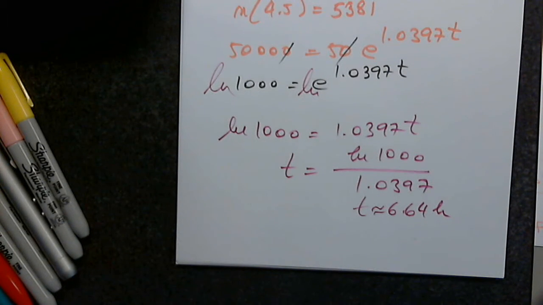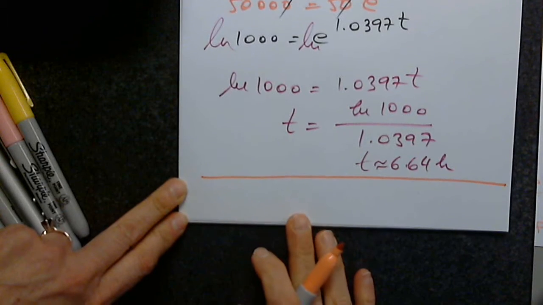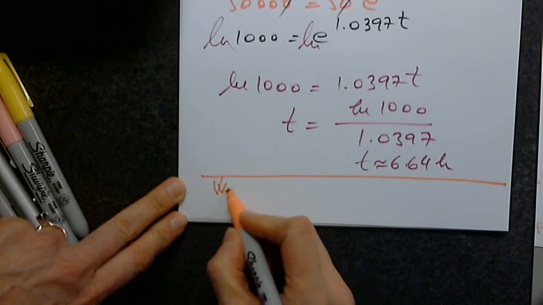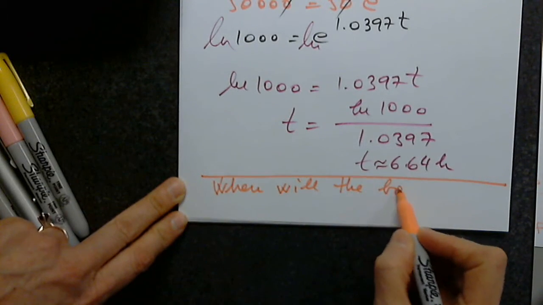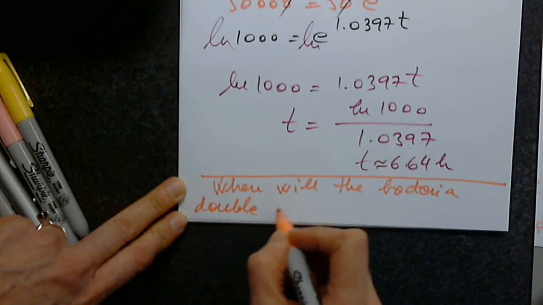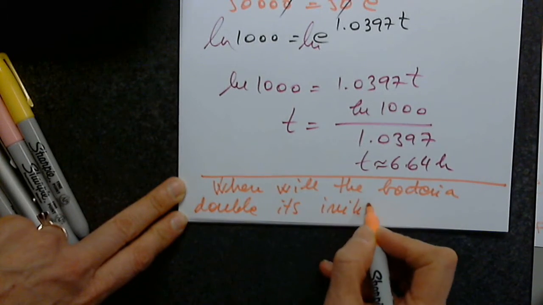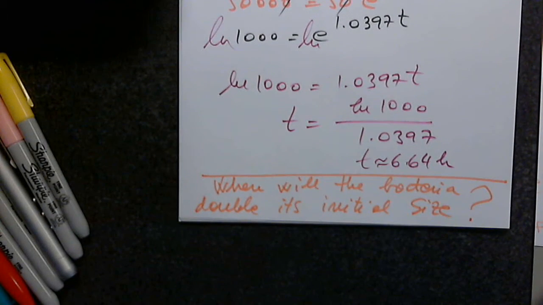I want to add a question that is not in the book. When will the bacteria double its initial size? What was its initial size? 50.